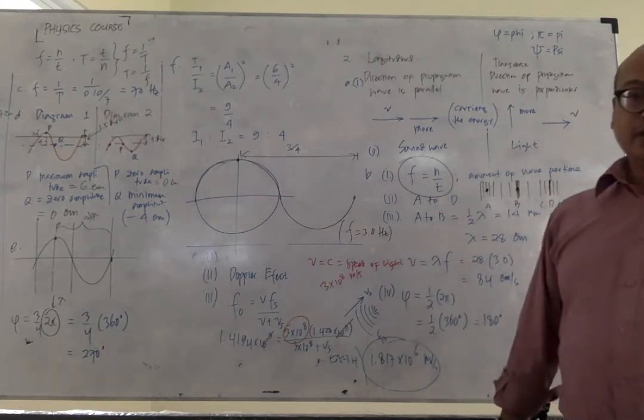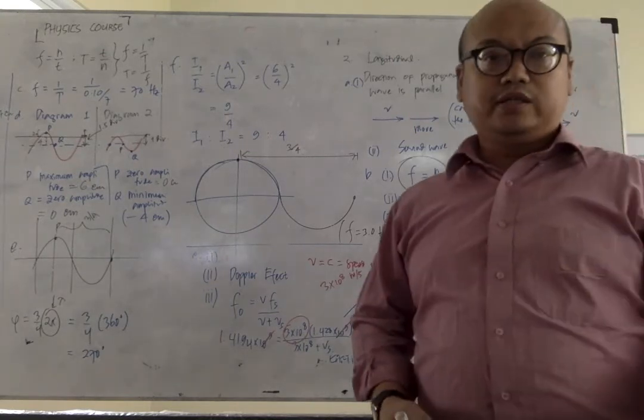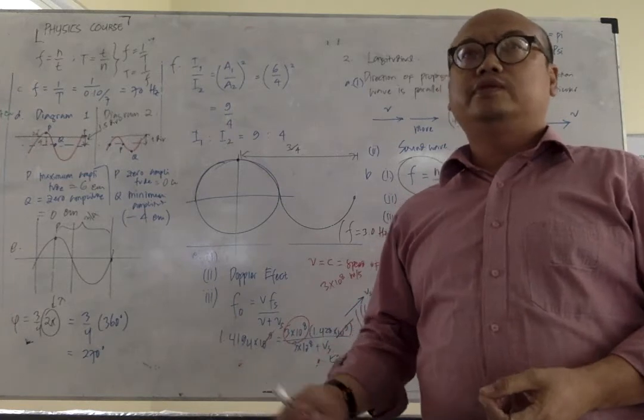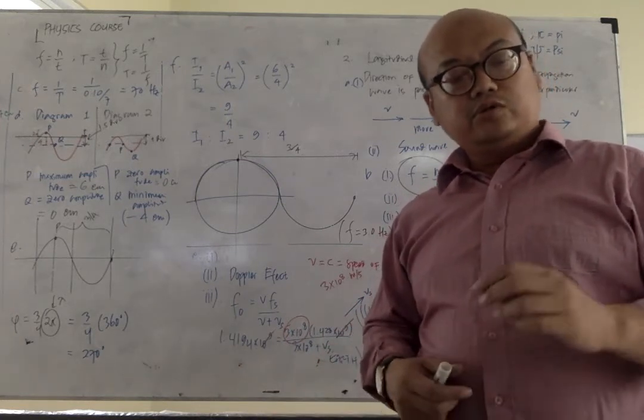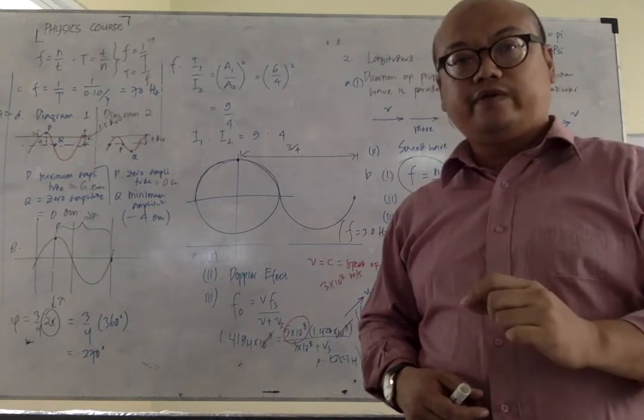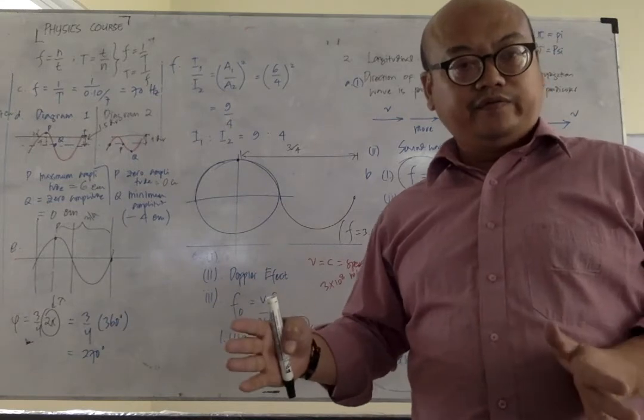So the wavelength is from the center of compression to the center of compression, and also from the center of rarefaction to the center of rarefaction. That is one wavelength.